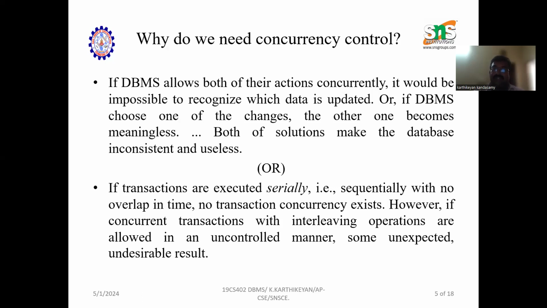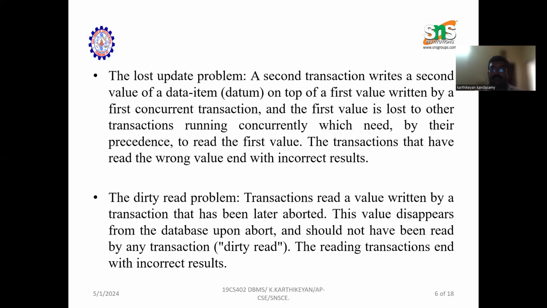Or, if the transactions are executed serially, sequentially with no overlap in time, no transaction concurrency exists. However, concurrent transactions with interleaving operations allowed in an uncontrolled manner can sometimes produce unexpected, undesirable outcomes in your database management system. So these problems can be raised, and we should easily recover the data in the system.